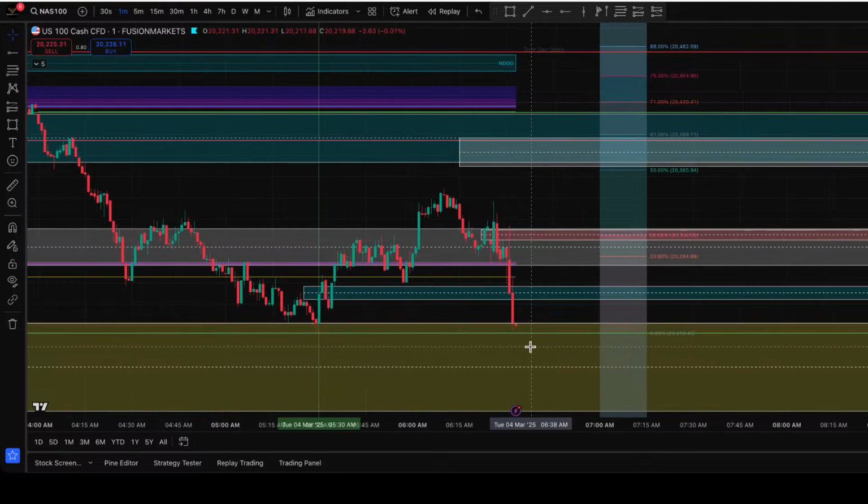A little bit more. It doesn't come this close to not run these lows. Just bouncing off this, using this fair value gap as an inverse.